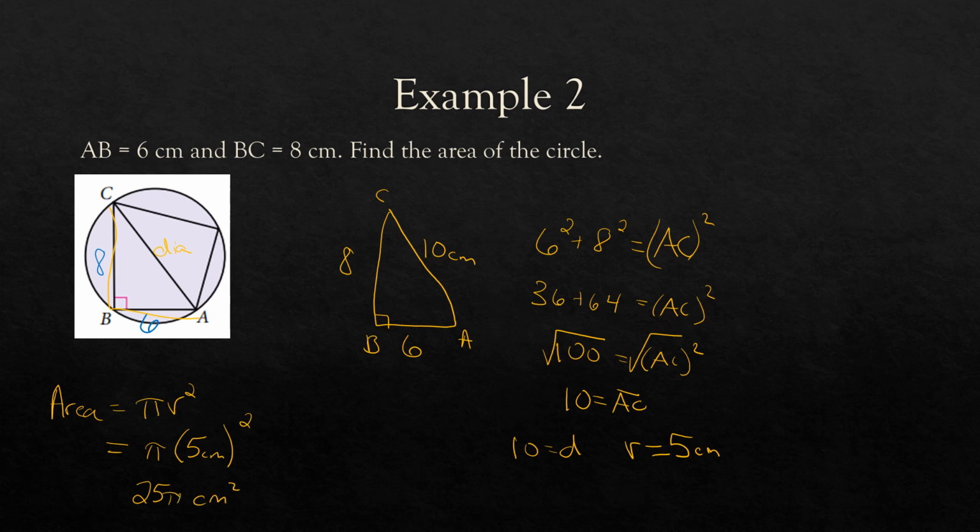And if I put 25 times pi into my calculator, I get approximately 78.5 centimeters squared. You see how knowing the connections between right angles in our circles helps us to form right triangles that can help us to find the dimensions that aren't listed.